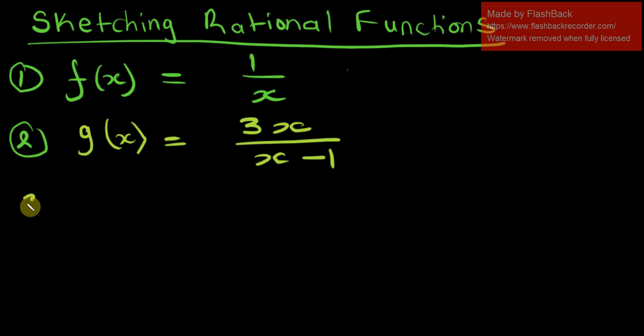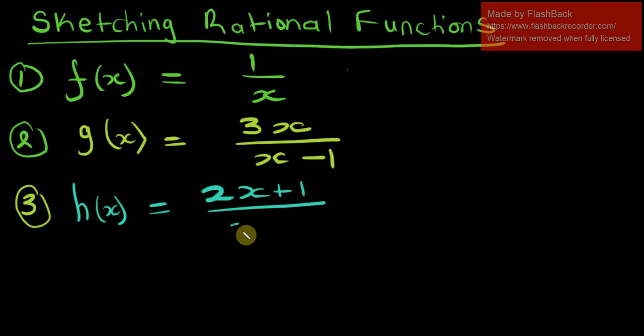Okay, the third one, let's call it h of x. h of x is equal to 2x plus 1 over x plus 1. 2x plus 1 divided by x plus 1.